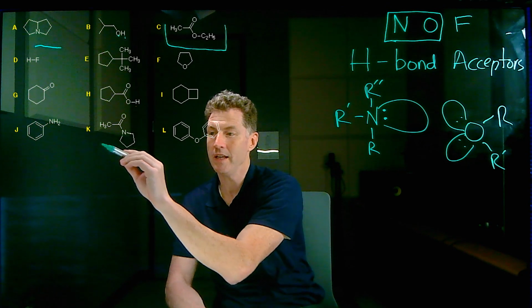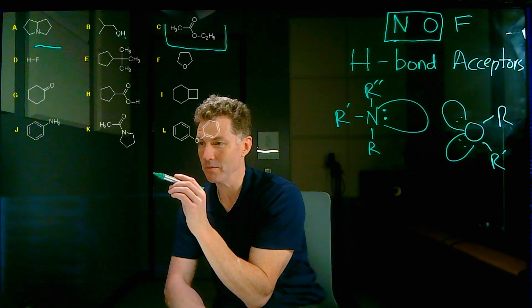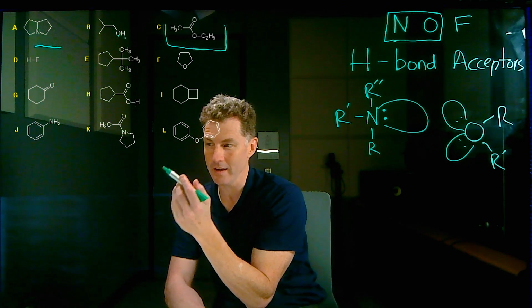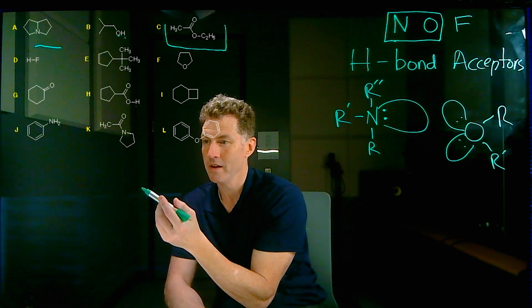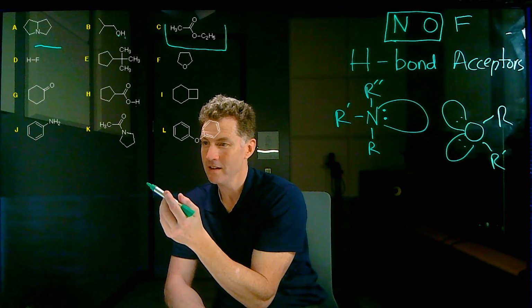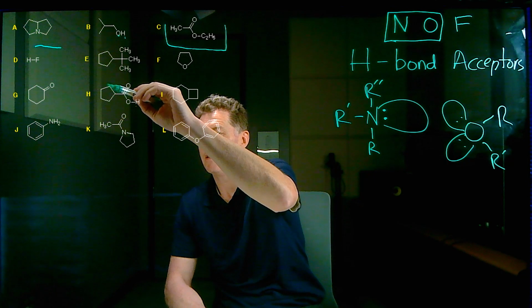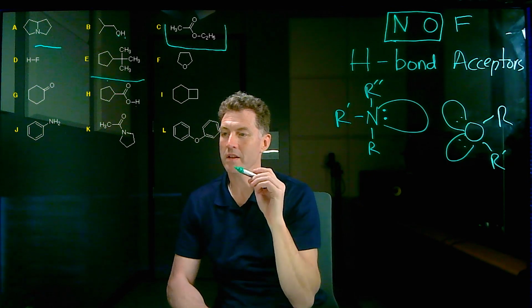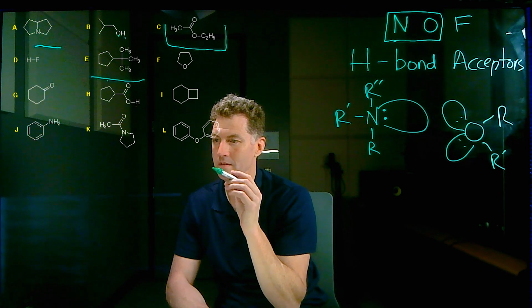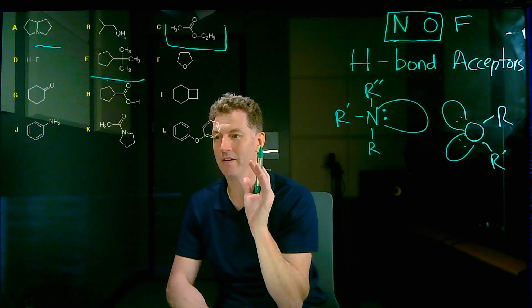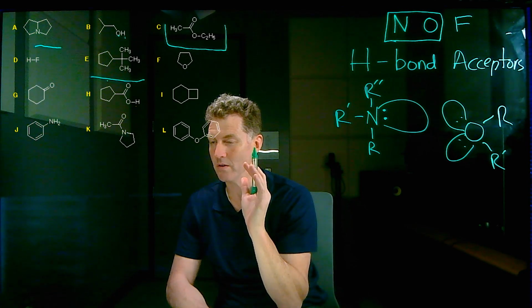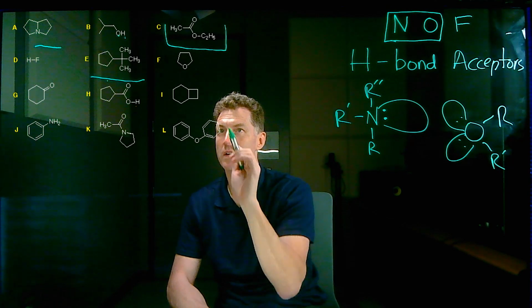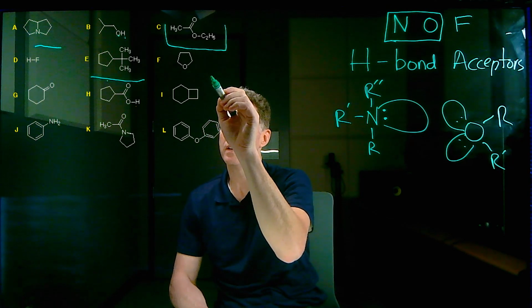In the case of D, we would not select that one because we have an HF bond and it's able to do both. For E, this molecule is entirely hydrocarbon, so it lacks any ability at all to form hydrogen bonds because it's only a hydrocarbon molecule.